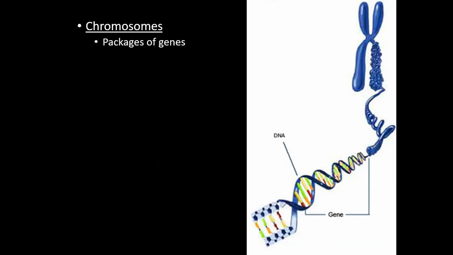Next we have chromosomes. Chromosomes are packages of genes. So when we put a bunch of A's, T's, C's, and G's together, those nitrogen bases, we get something called a gene, and there's different forms of a gene called alleles. When you put a bunch of genes together, you get something called a chromosome. Chromosomes are arranged in pairs.